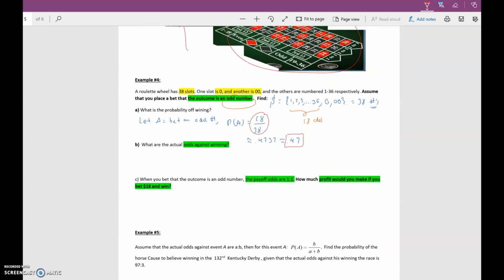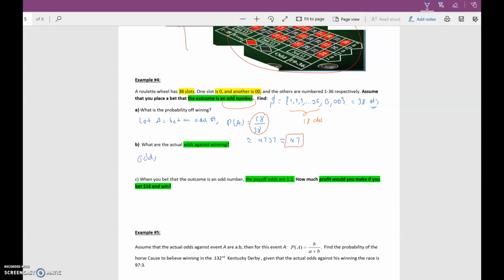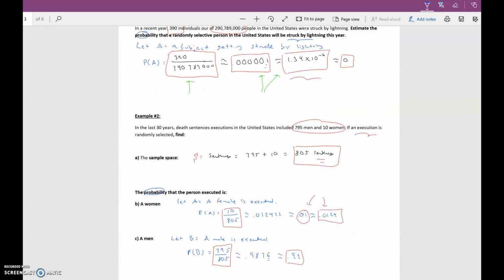So odds against A is equal to the probability of A not occurring over the probability of A. Let me double check the formula again. It's not occurring over occurring.